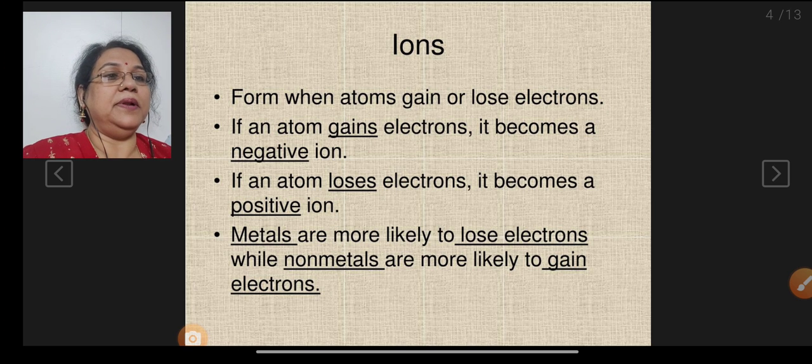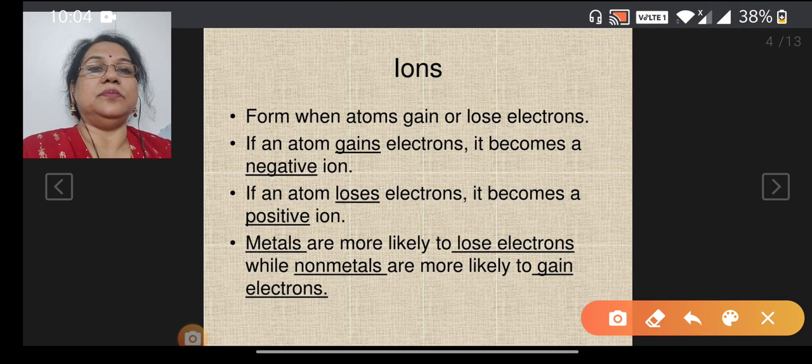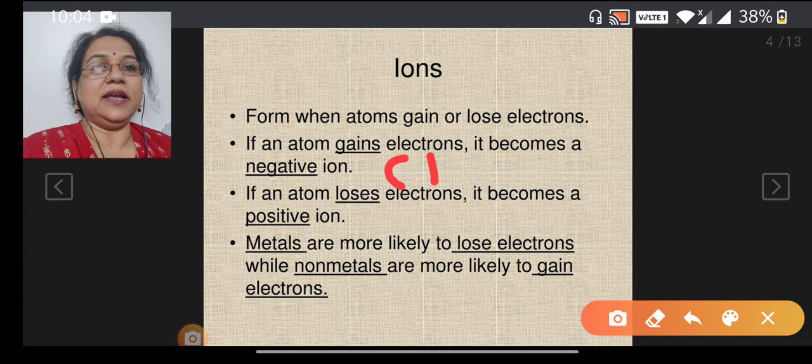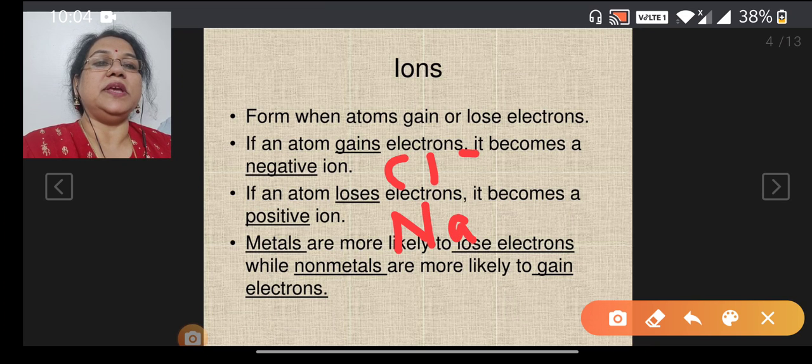For example, an example is not given here. If an atom gains an electron, it becomes a negative ion. For example, chlorine takes an electron, so it becomes chloride, Cl minus. If an atom loses an electron, for example sodium gives its outermost electron, so it becomes a positive ion, Na plus.